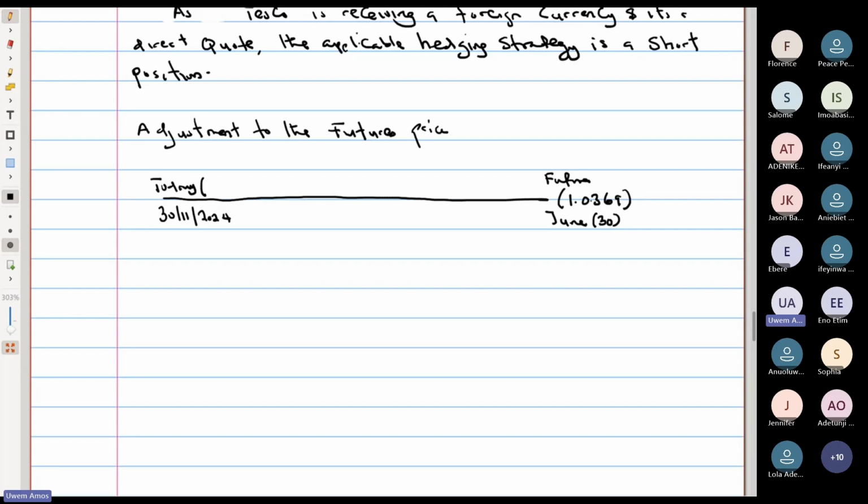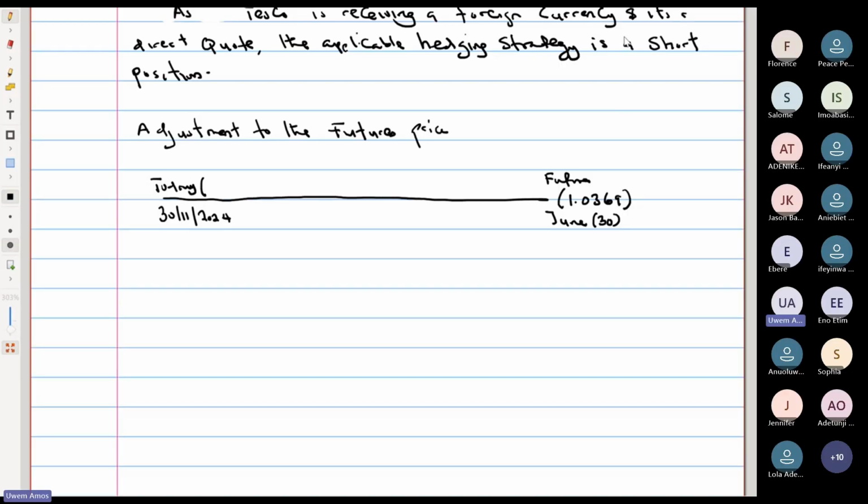If our transaction, which is the day we need to receive the money, was on June 30th on the dot, we would not need to make any adjustment to the price, because the price of 1.0369 is the price on June 30th.